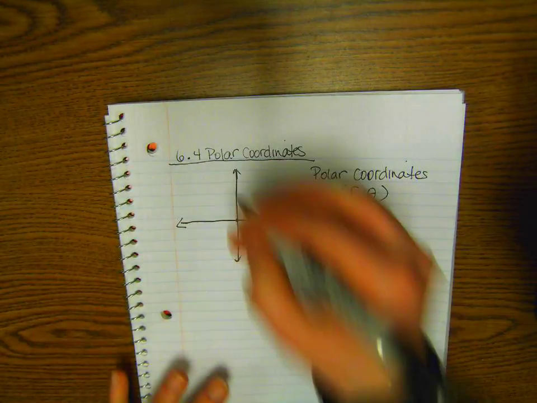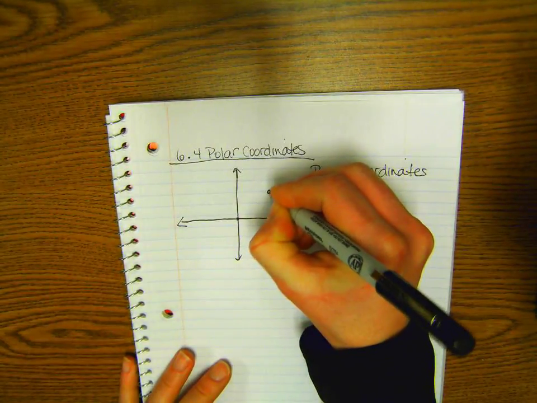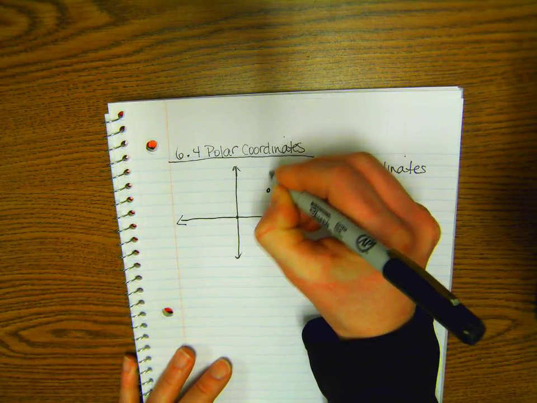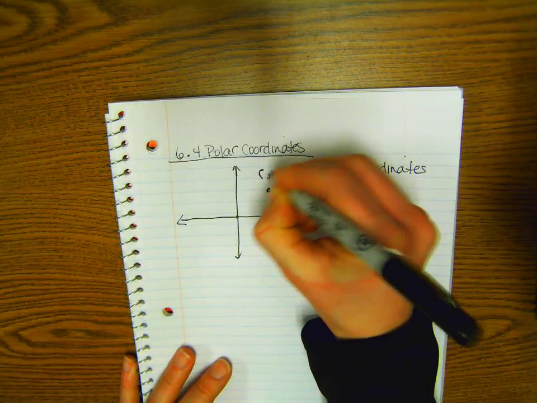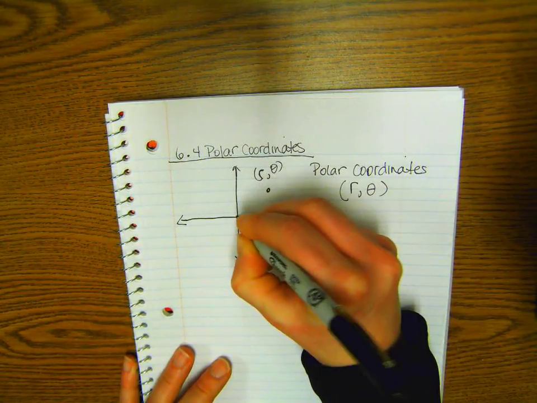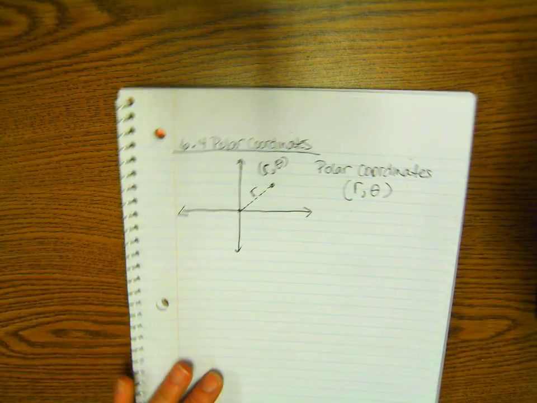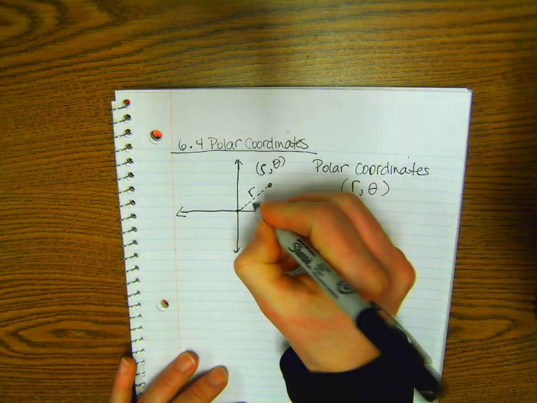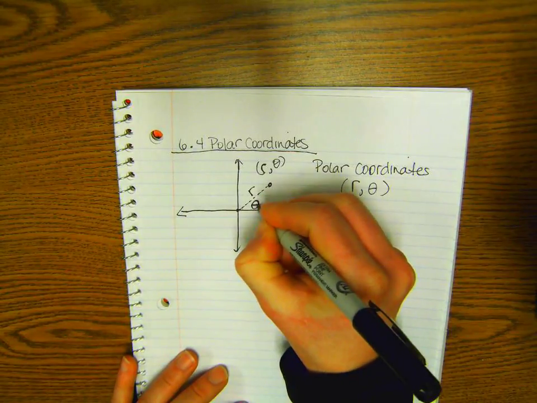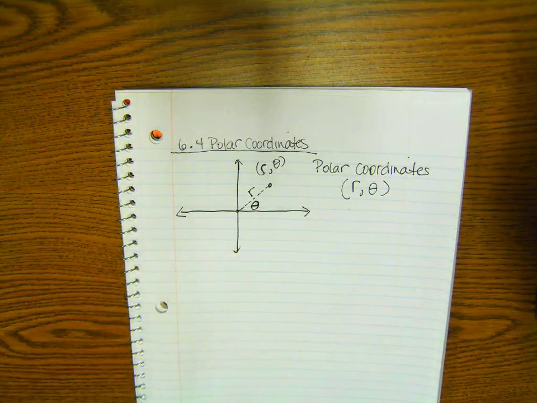So if I was drawing this point right here, the point r, comma, theta, this distance right here would be r, and this distance would be theta. What does this look kind of like?